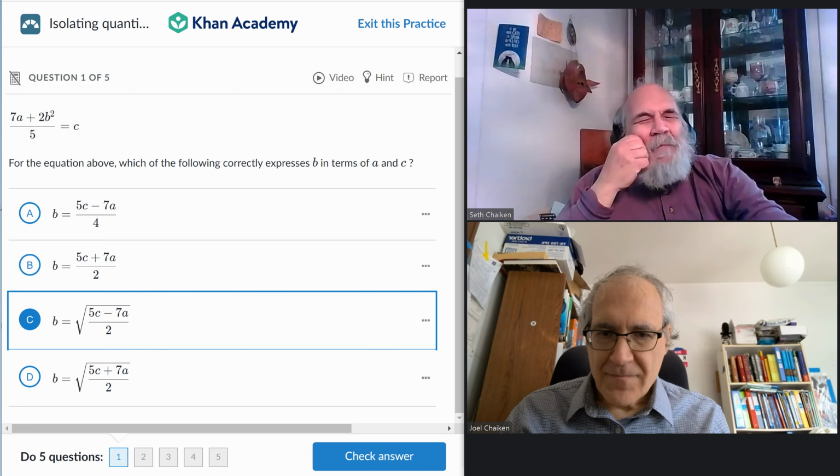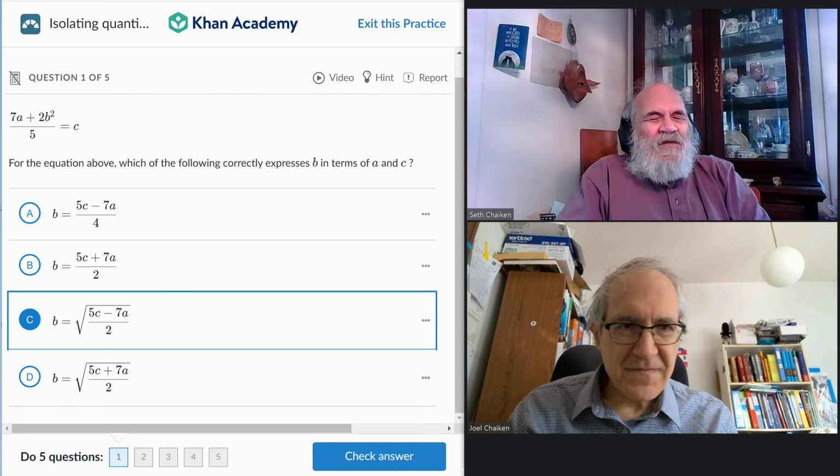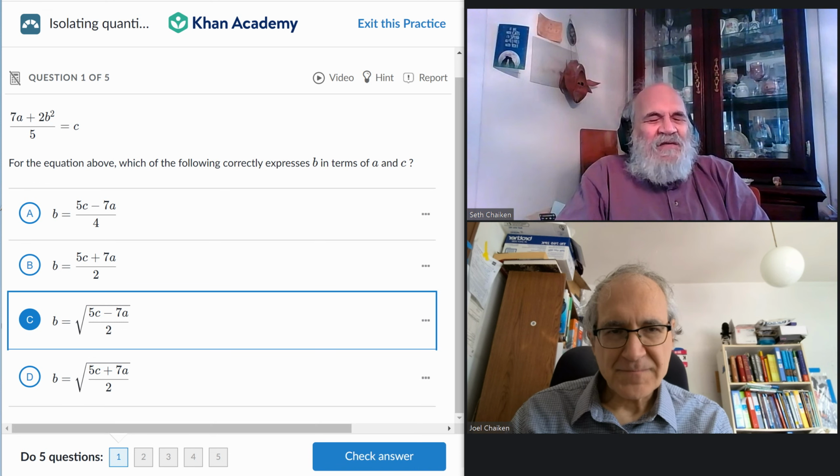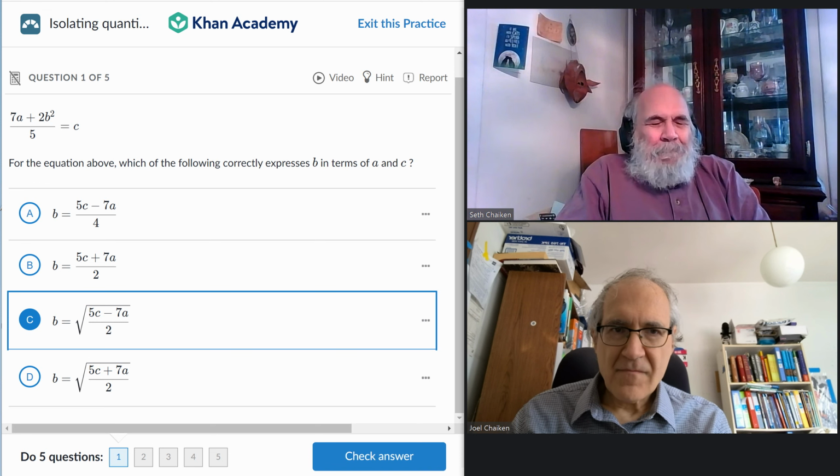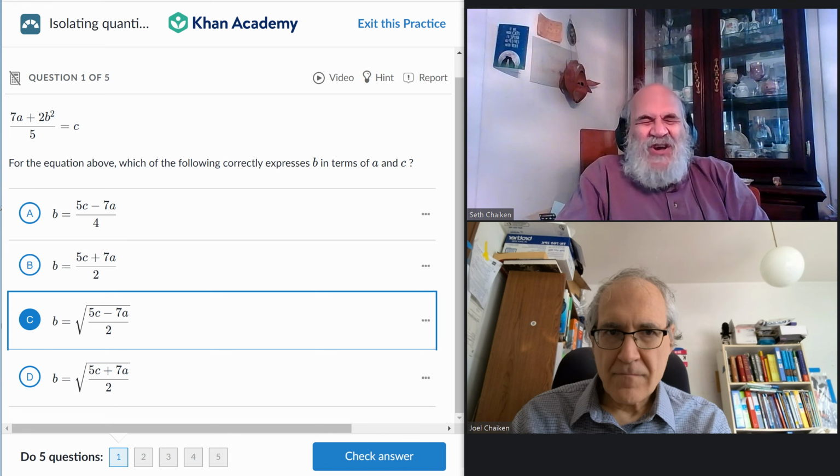Okay. Yeah. Now, this technique of taking shortcuts to select a proposed answer is helpful when you do a calculation the long way and you want to check it.